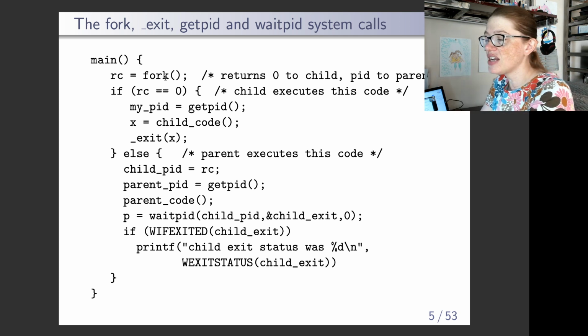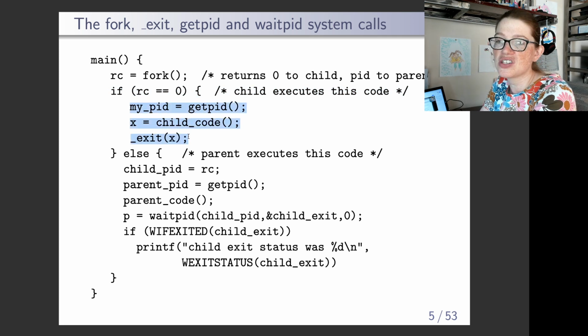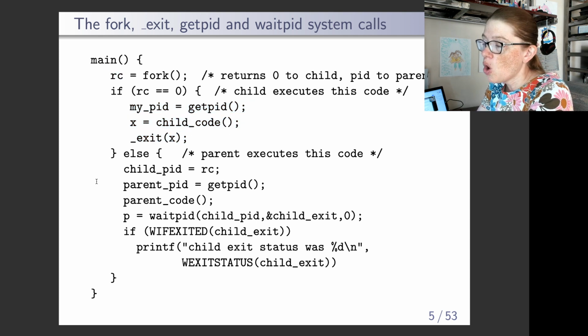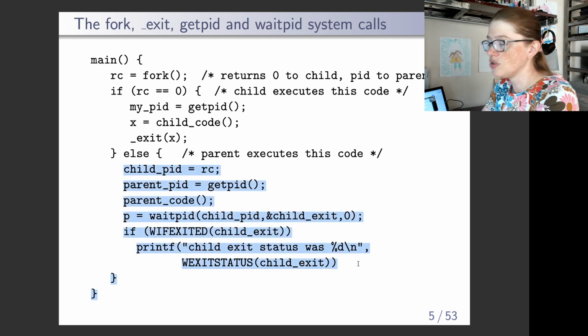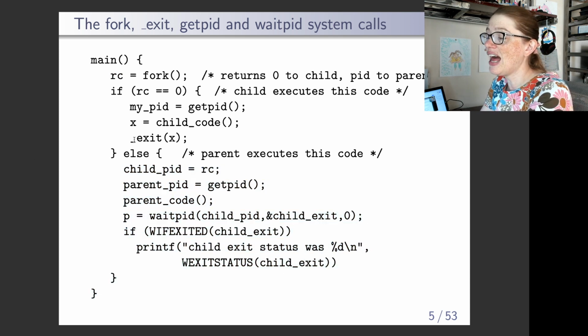Now the child process, remember, would have the return value from fork be 0. So if we have this if statement here, that means only the child process will execute this code here. And then the parent, who gets the child's PID returned from fork, would execute this code here. So what we're going to have is the child gets its own PID.